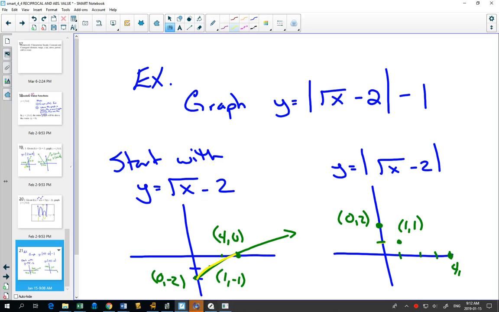And we'll still have 4, 0. You get some interesting looking points because when it flips over, it's no longer smooth. It's got a bump at that point. So the yellow part got flipped up, and the green part stayed the same.